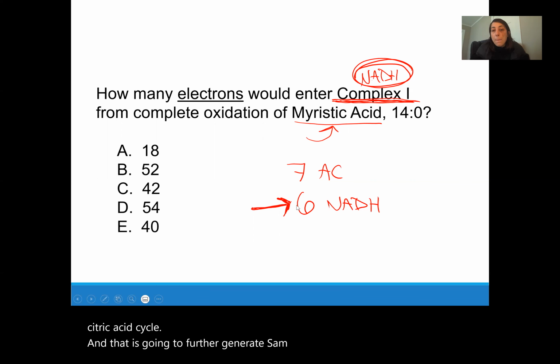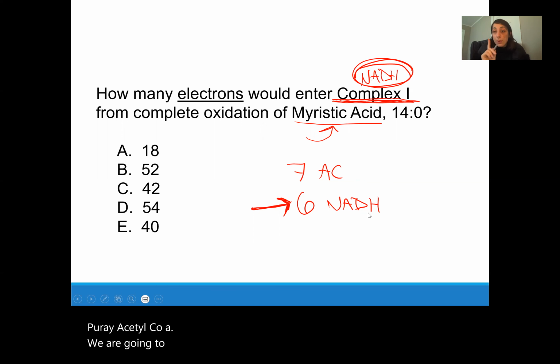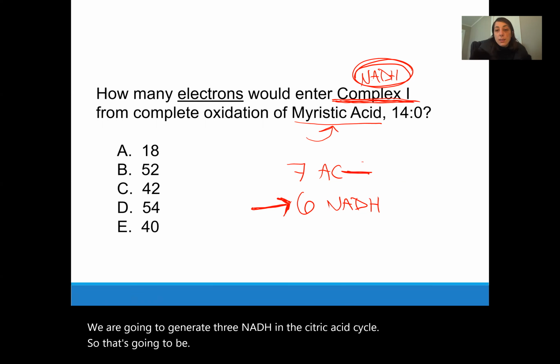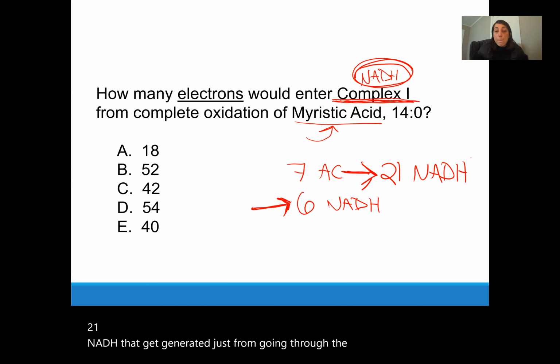Remember that per acetyl-CoA, we are going to generate 3 NADH in the citric acid cycle. So that's going to be 21 NADH that get generated just from going through the citric acid cycle.